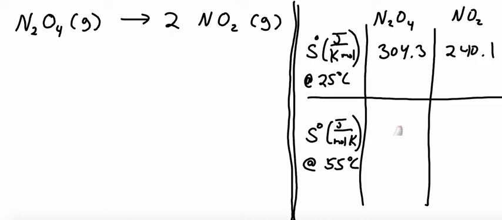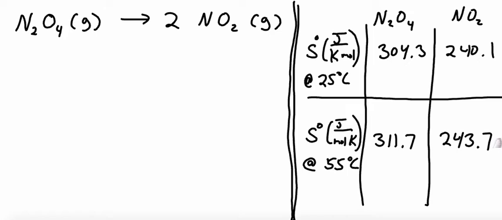For dinitrogen tetroxide, the entropy at the higher temperature, 55 degrees C, is 311.7. So indeed, as we expect, if we go to a higher temperature for a single substance, its entropy increases. For nitrogen dioxide, it goes from 240.1 to 243.7. So it has an entropy increase as well. So obviously the entropy of an individual substance is not constant with temperature. It increases if we increase the temperature.